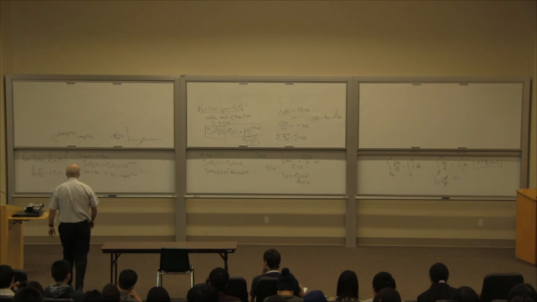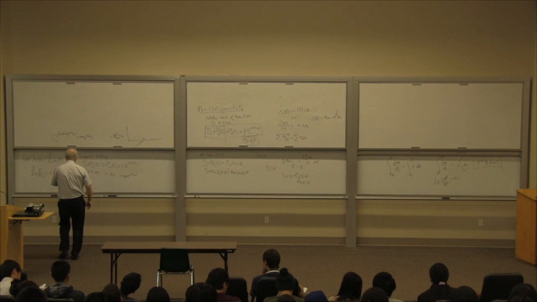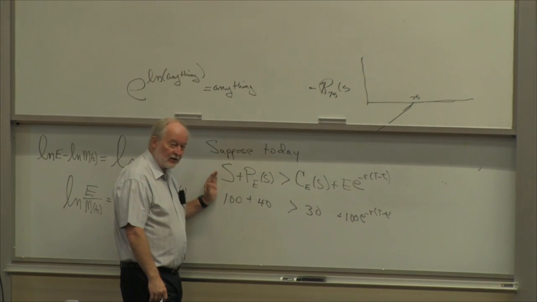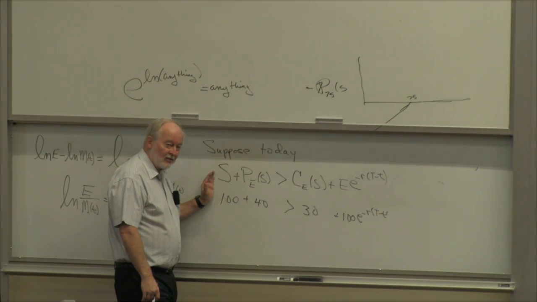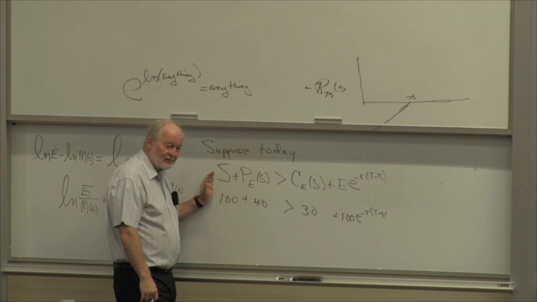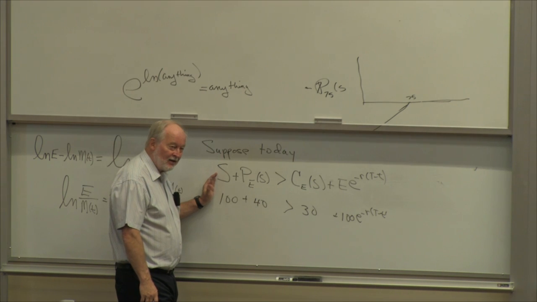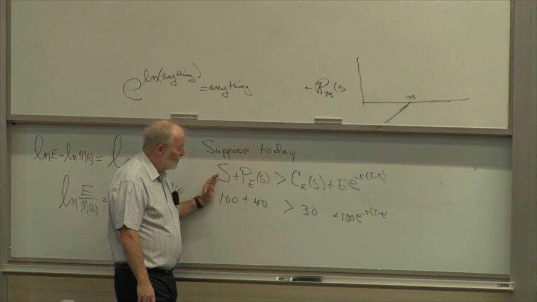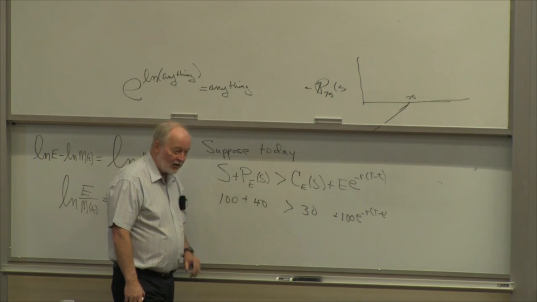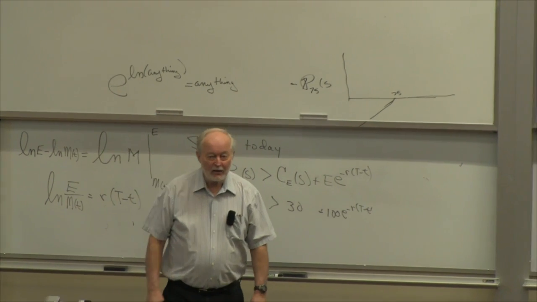What I have is this situation right here. How are you going to make money off of it? Anyone know how to make money? Yeah, you sell high, buy low, right?